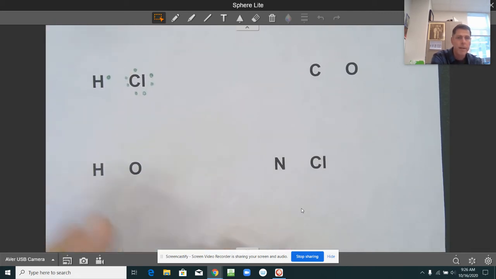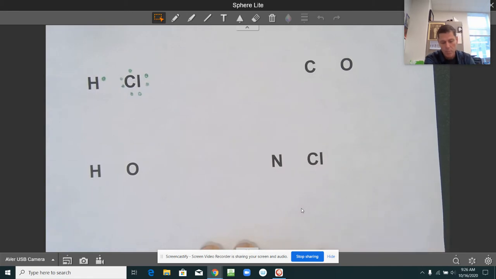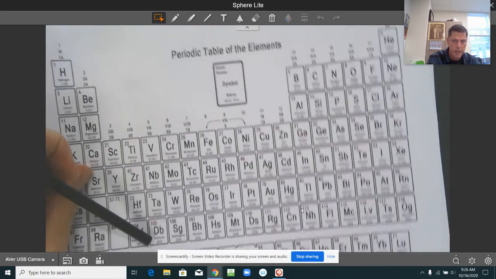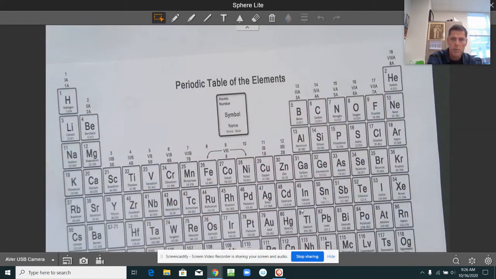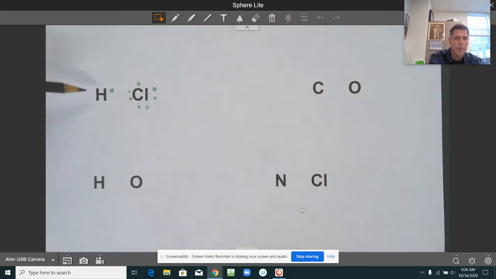Okay, great. Now, this is the way a covalent works, and this is the way I show it because to me it makes a little bit more sense. It's easy to visualize. Hydrogen, since it's in the very first ring, that very first ring can only hold 2 electrons, right? Well, hydrogen has 1 of the 2, so it needs to get 1 more. Chlorine has 7 valence electrons.